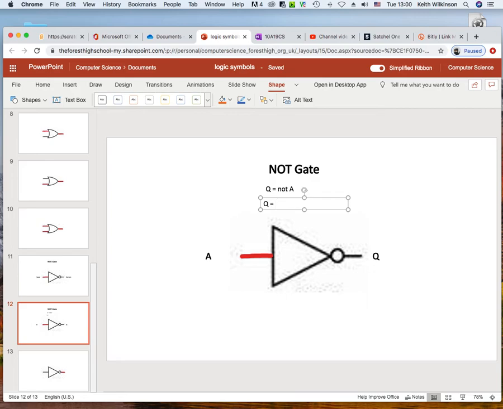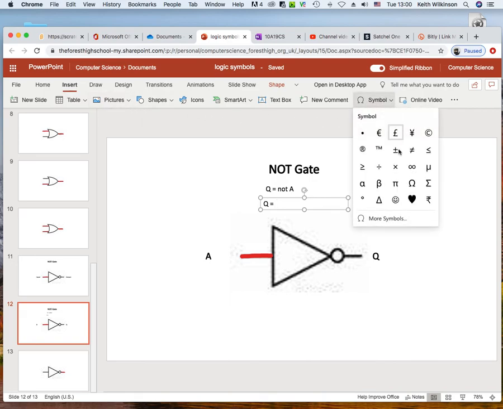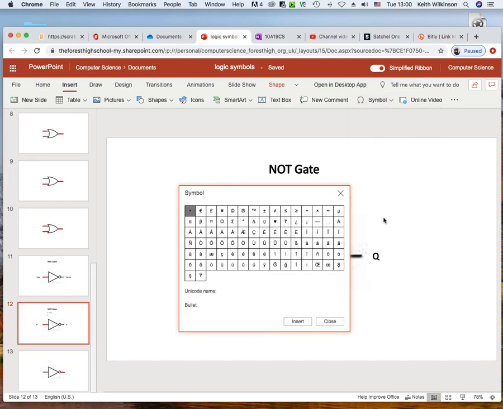I bet I haven't. It doesn't look like I have. Let's see if I can find the symbol. Not at all. I'm going to have to draw this one for you.